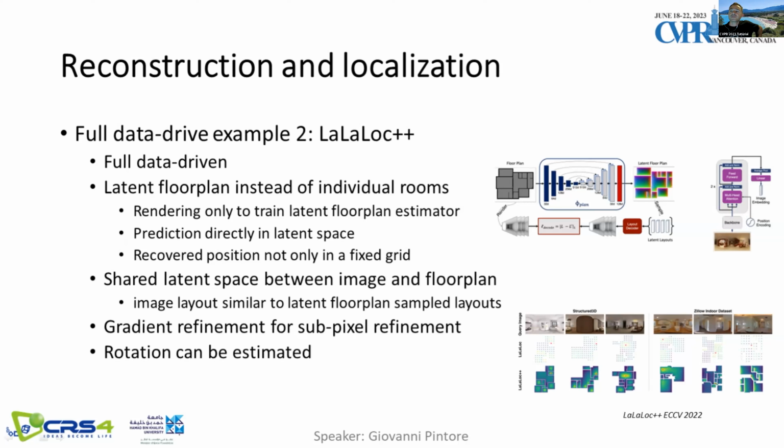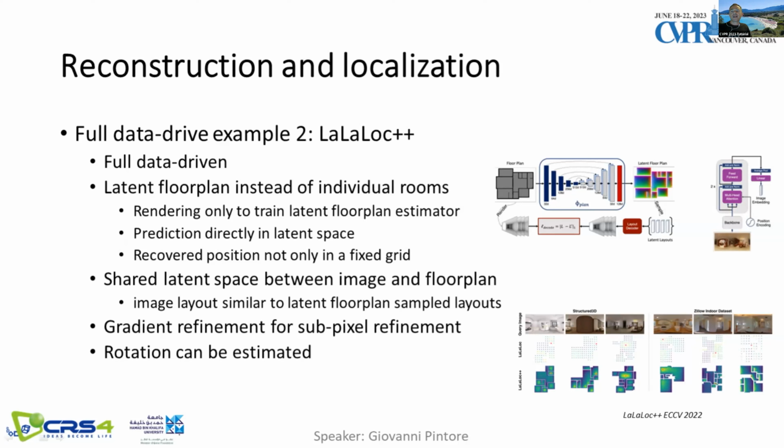Here the intensity map is represented directly as a latent floor plan, not decomposed into different renderings. The individual renderings are exploited just to train the latent floor plan estimator. So the image and the floor plan share the same latent space, which is imposed during image network training.